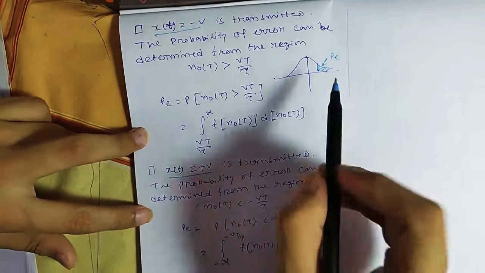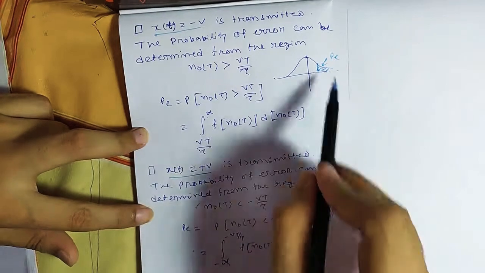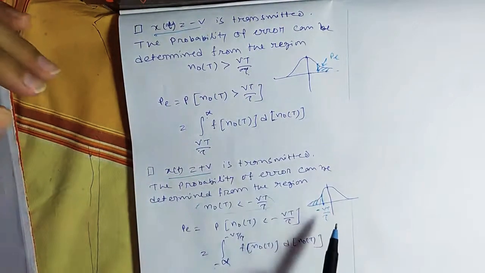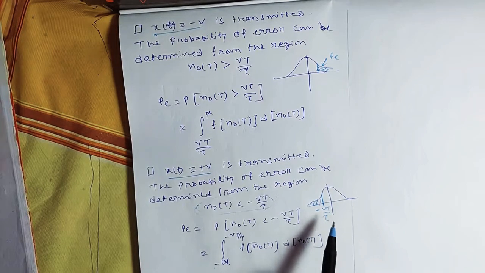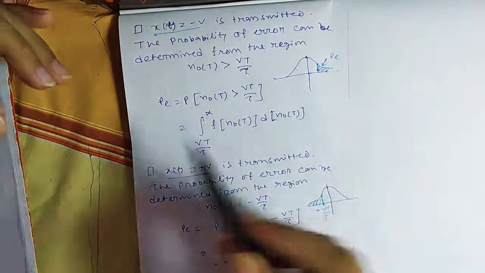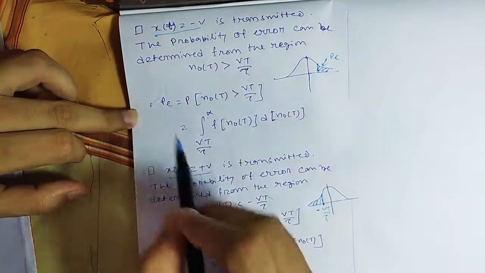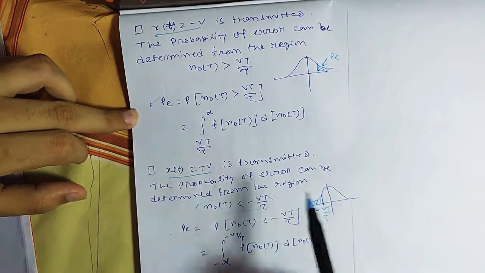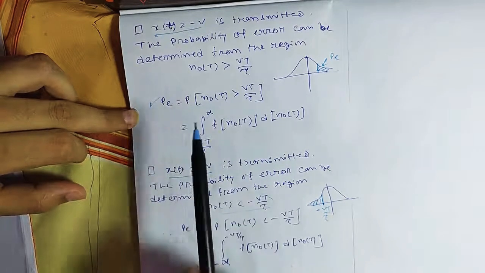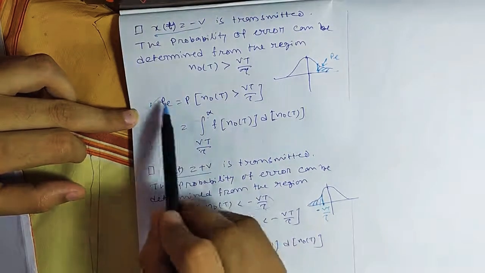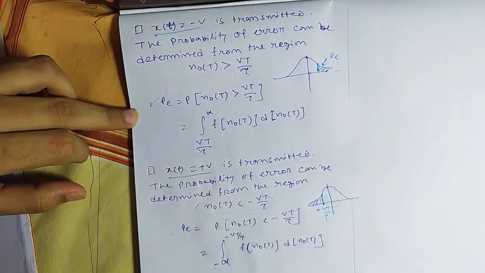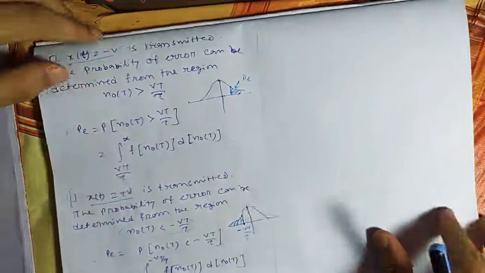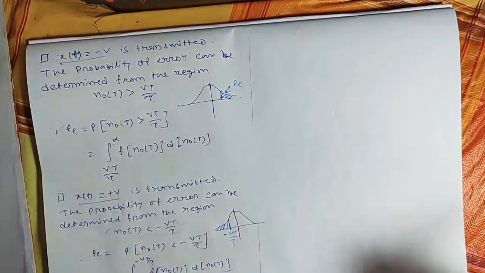Now see, this area and this area are equal. This happens due to the symmetry of this probability density function. So this PE and that PE are both equal, and we can determine either of them. So the probability of error can be determined by integrating any one of these. Next, we will find the probability of error for this integration.